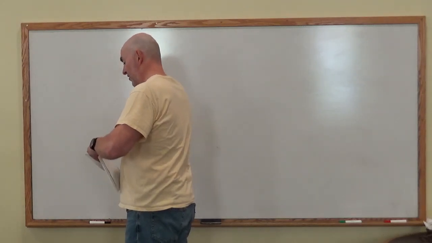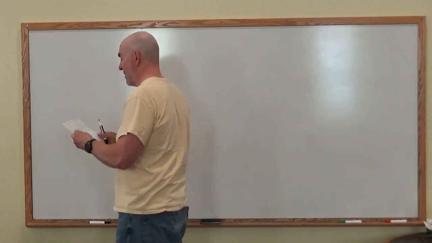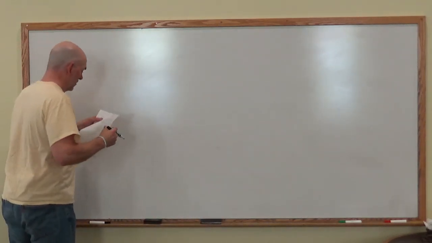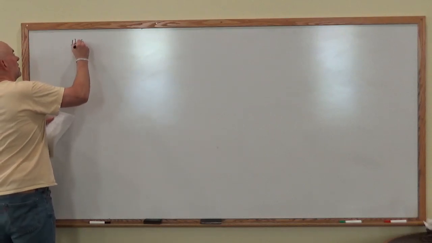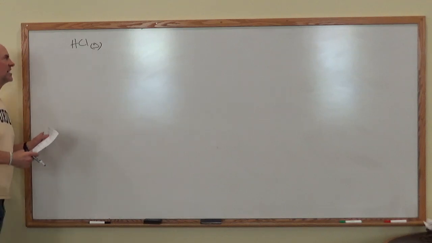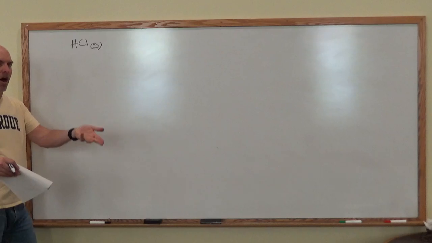What's nice is it's a strong acid. We do not have to do a lot of math. So this is under number 2, strong acid sources. In some cases, you get a strong acid like HCl. Actually, technically it's not an acid until it goes into water.